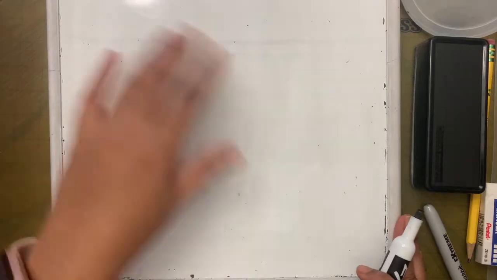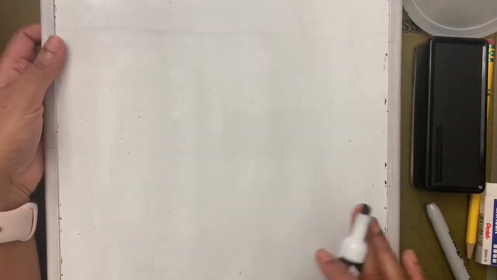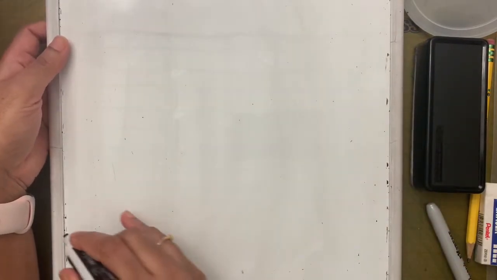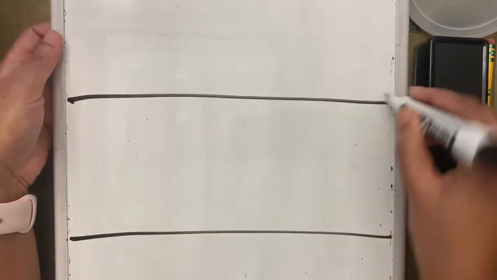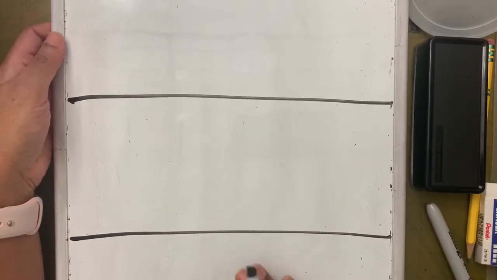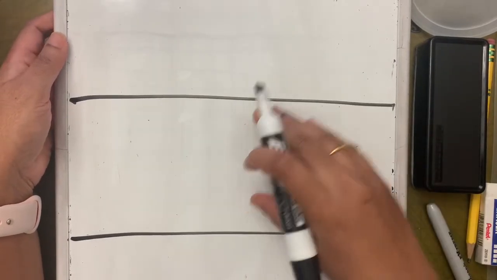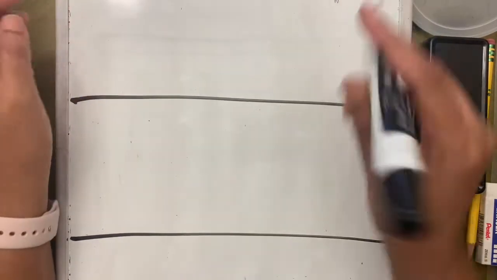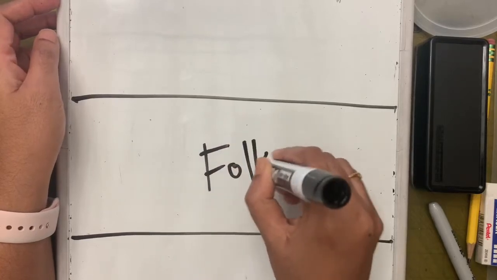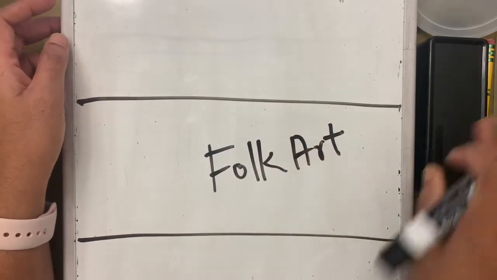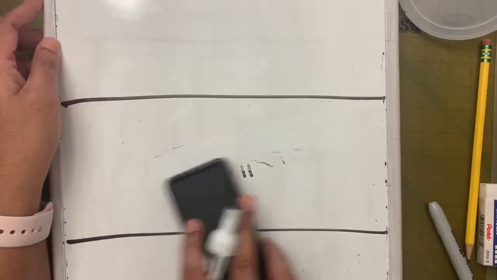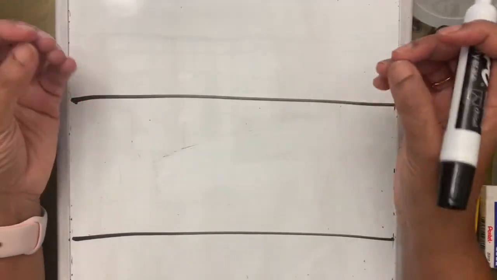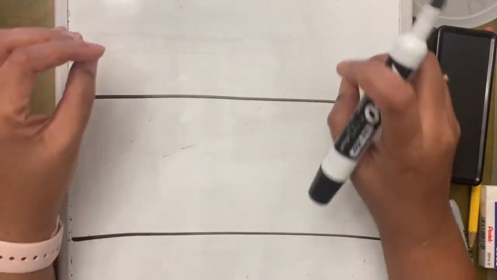foreground. When we are drawing a landscape, we usually divide the paper into three parts. This is the foreground, the part that is closer to you. This is the middle ground, and this is the background. This is like a forecast. A forecast is usually done by people who haven't learned art, so they don't follow any principles of art.